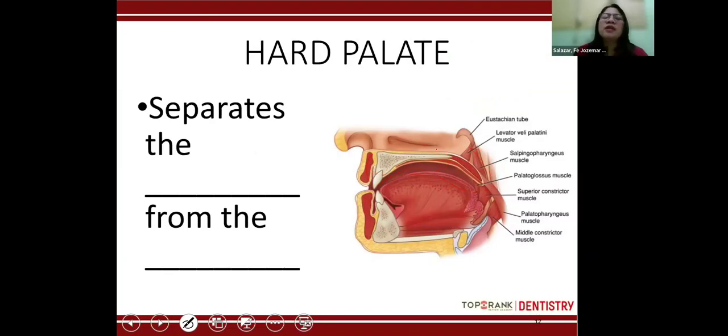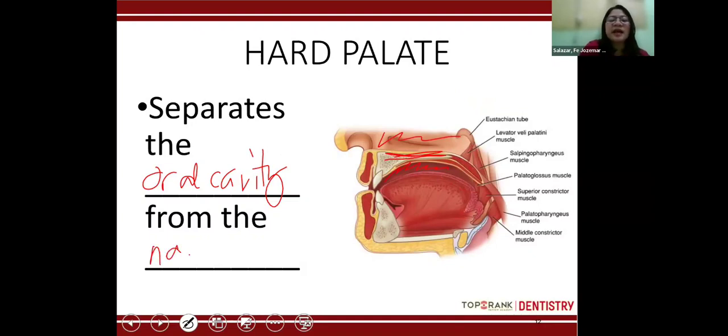Now, the hard palate separates what two cavities? It separates, of course, the oral cavity from what? What is the other cavity that is separated by your hard palate? Yes, very good, this is your oral cavity, and this is your nasal cavity.